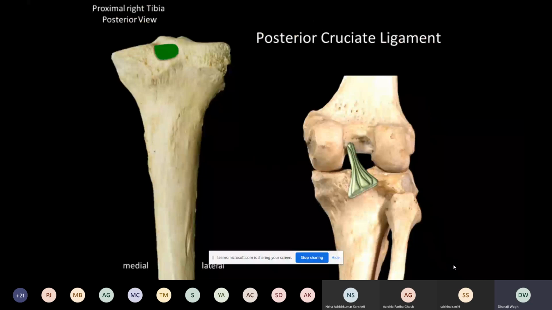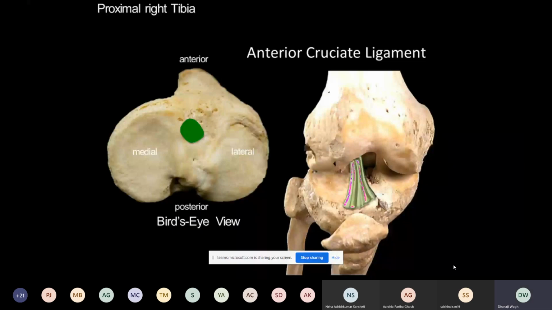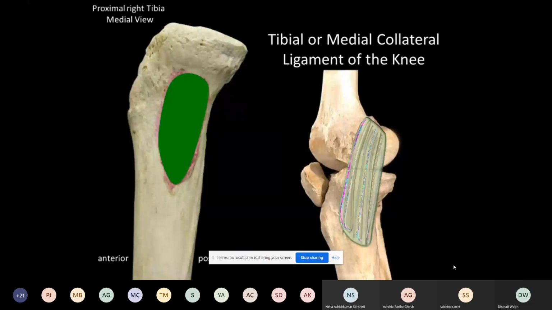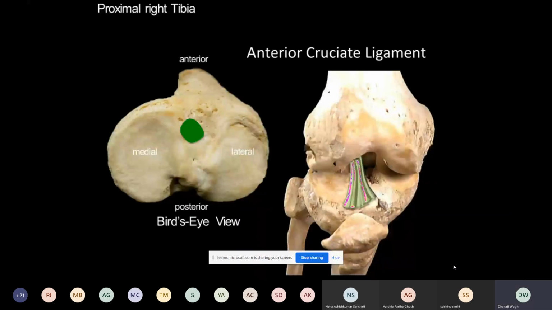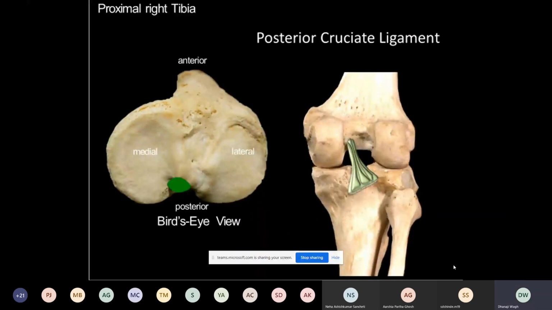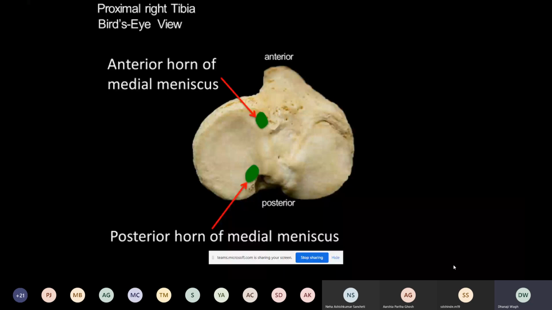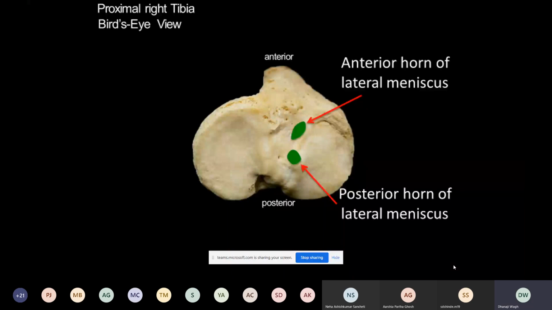Attachments of the cruciate ligaments: posterior cruciate ligament, medial collateral ligament of the knee joint, then anterior cruciate ligament, posterior cruciate ligament, anterior horn of medial meniscus, posterior horn of medial meniscus, anterior horn of lateral meniscus, posterior horn of lateral meniscus.